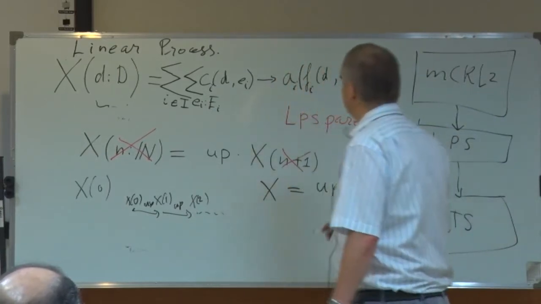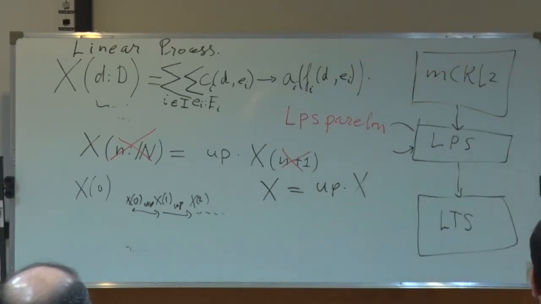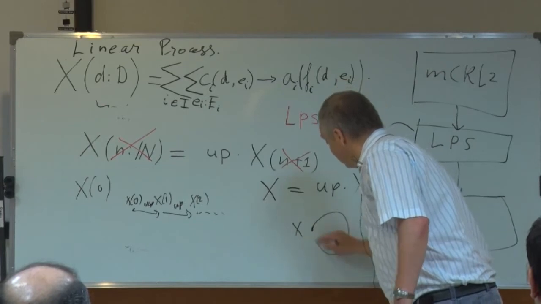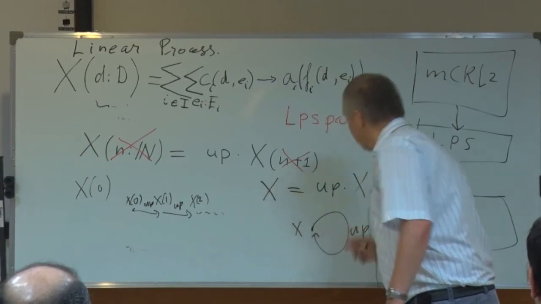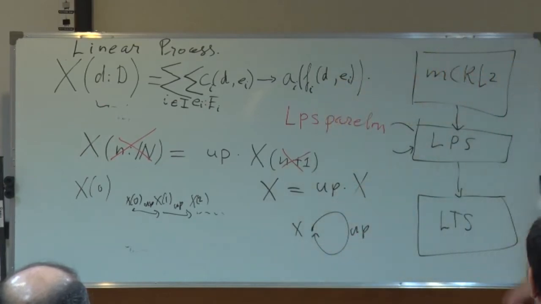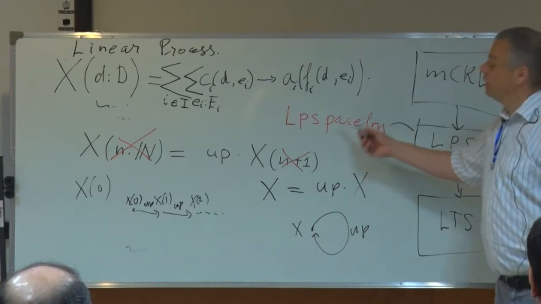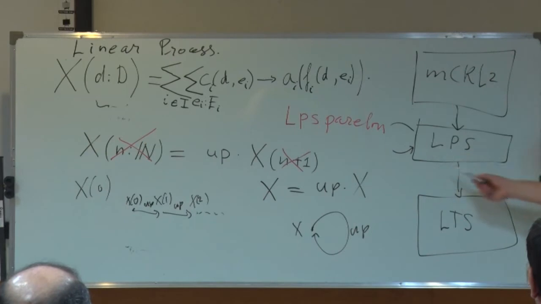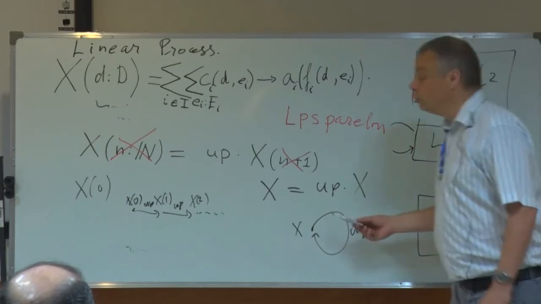Now you can see the state space generation is quite straightforward, because we simply have this process X doing a loop with an up action to itself, and it is totally trivial. This is a very simple operation on linear processes. There are many more, but these kinds of simplifications can help us to reduce the state space.